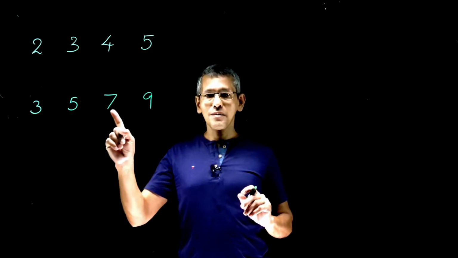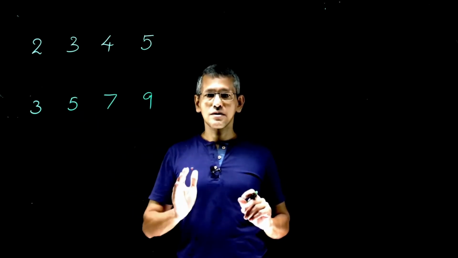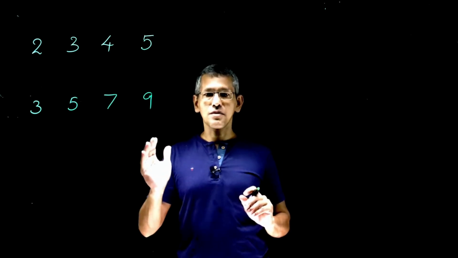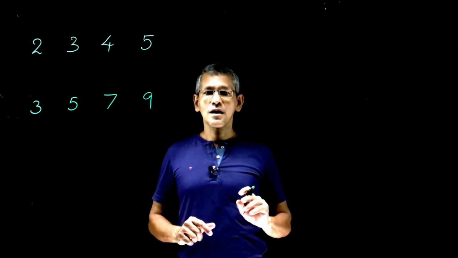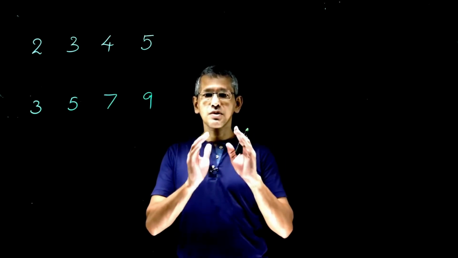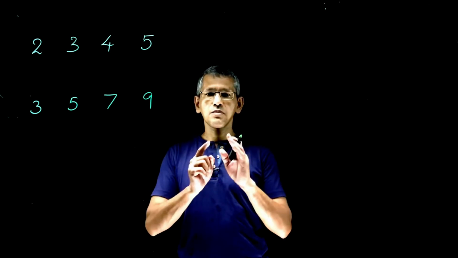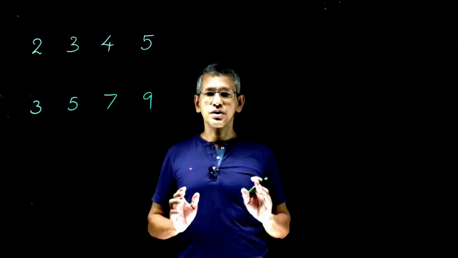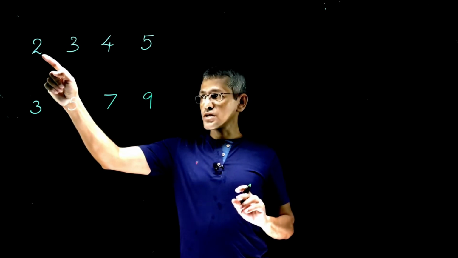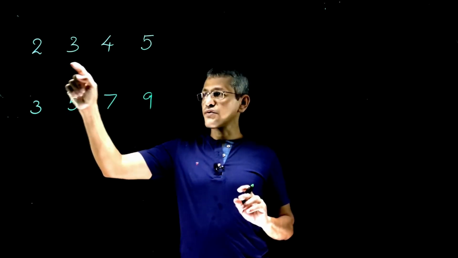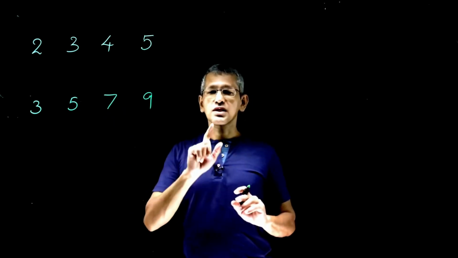Earlier, I have mentioned that if you have 3 numbers, or 5 numbers, and the numbers have equal difference, then the average must be the number in the middle. In this case, it is equal difference: 2 and 3, the difference is 1, 3 and 4, it's 1, 4 and 5, difference is 1.